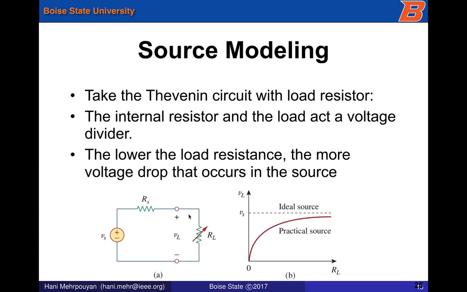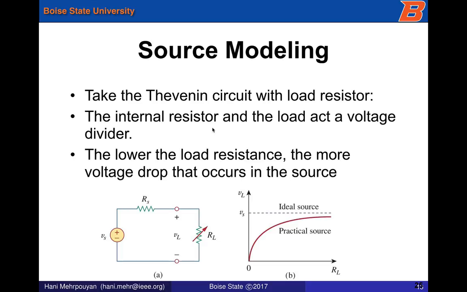So what's very interesting is that when you look at the Thevenin circuit with a load resistance, when you add the load resistance, the internal resistance works as a voltage divider. Now the lower the load resistance, the more of the voltage drop actually occurs across the source.